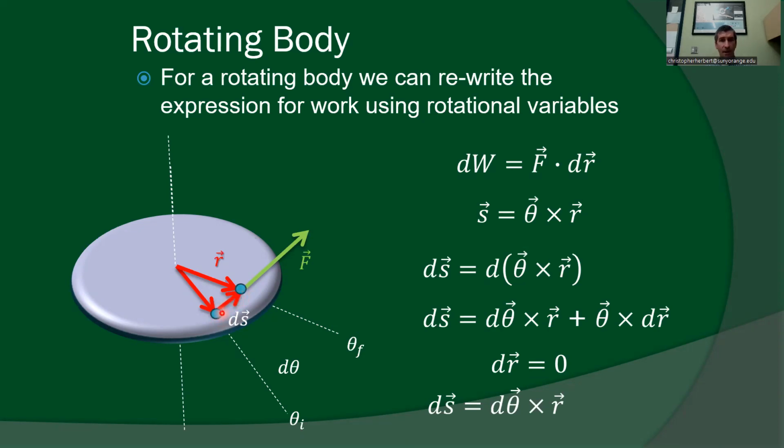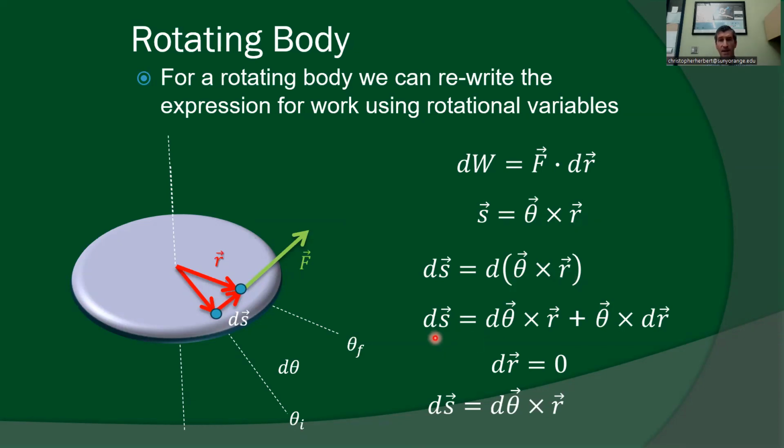The work done on this point will be the force on that point dot ds. And ds, thinking about our different directions, is the cross product between the angular displacement and the radial displacement. So here we have ds equal to d theta cross r.